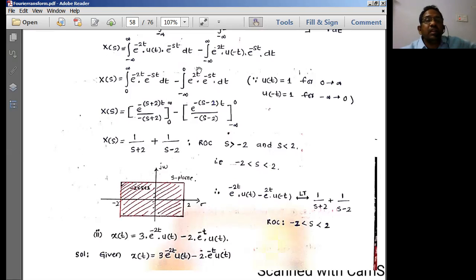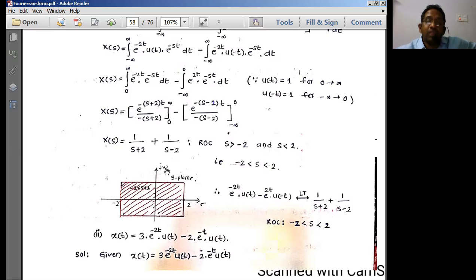Now this particular solution is over the limits t equal to 0 to infinity. This relationship is over the limits for t equal to minus infinity to 0. So therefore the ROC is going to lie here for t greater than 0. So sigma greater than minus 2 is the region of convergence for this.